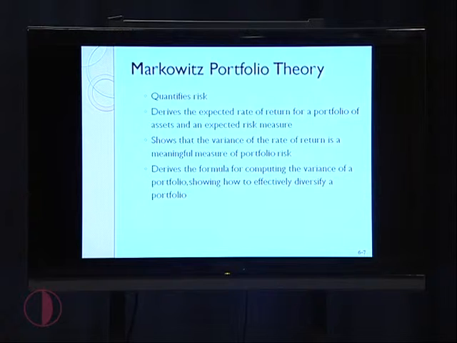And we can derive the formula for computing the variance of the portfolio by showing how it drives efficient diversification. Now, if we have efficient diversification, then we will receive higher return with lower risk.